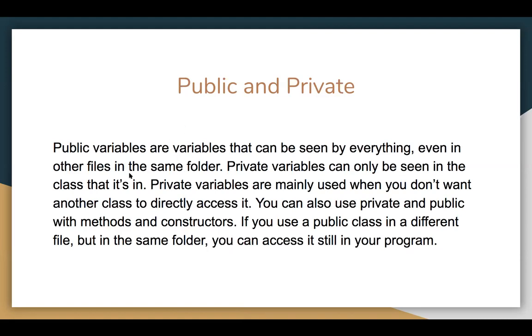So that's a little tidbit, though I'm not going to be teaching it much in this class, so just keep in mind that it can do that for public variables, and public methods and constructors as well.